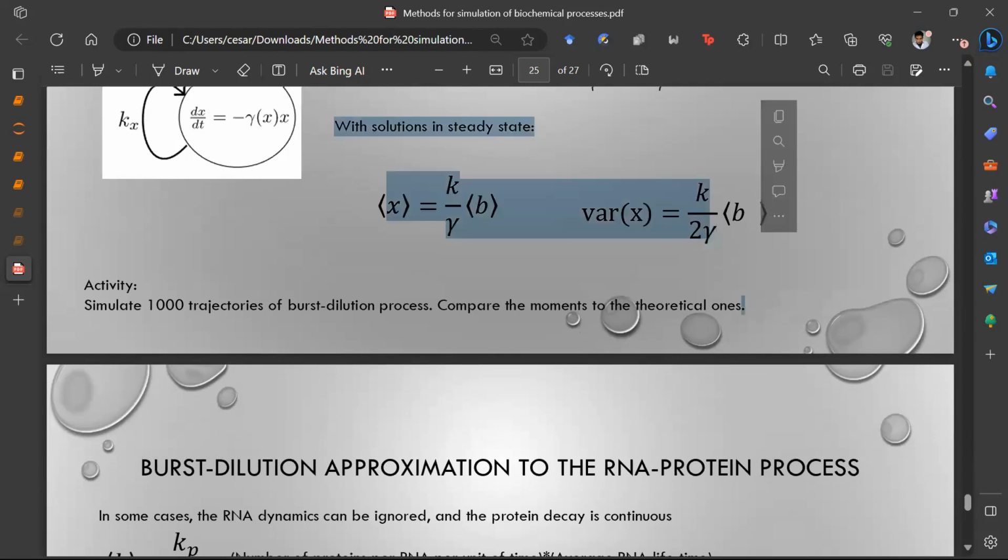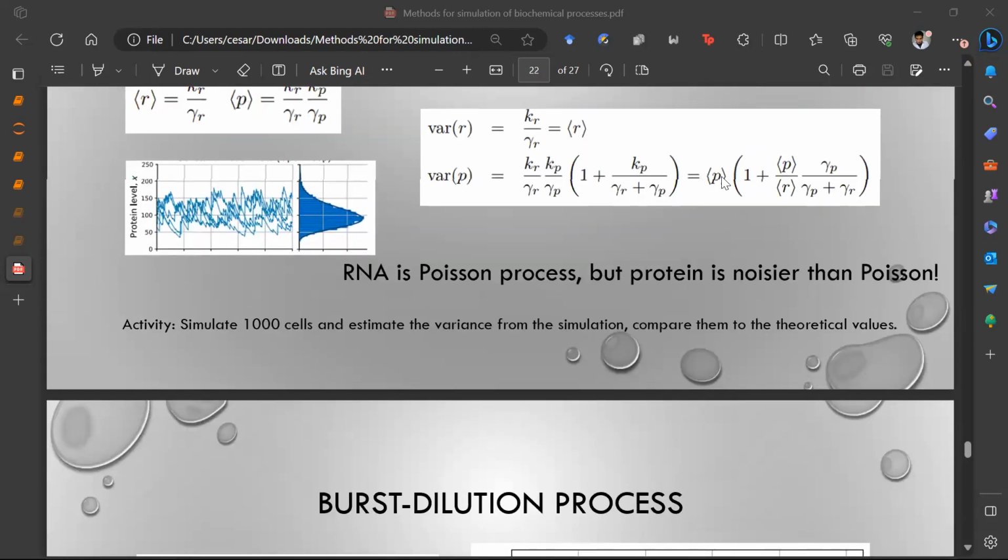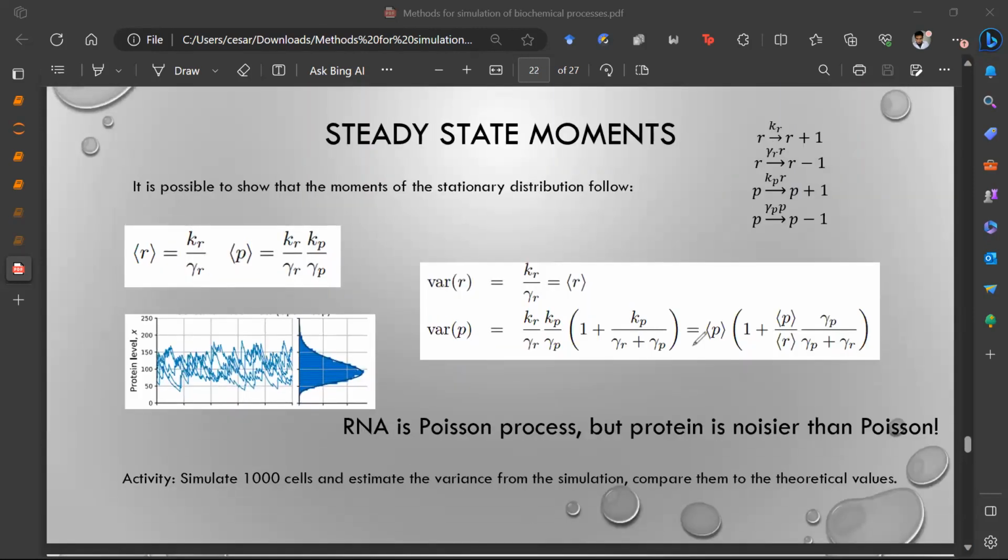We can also compare this formula of the variance of X to the actual value of the variance of P. So this has to be kR over gammaP over 2 times the second order moment of my burst.